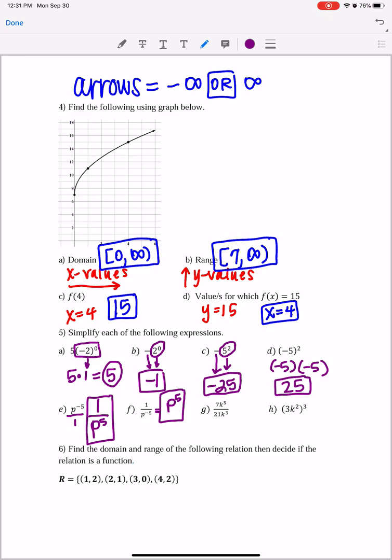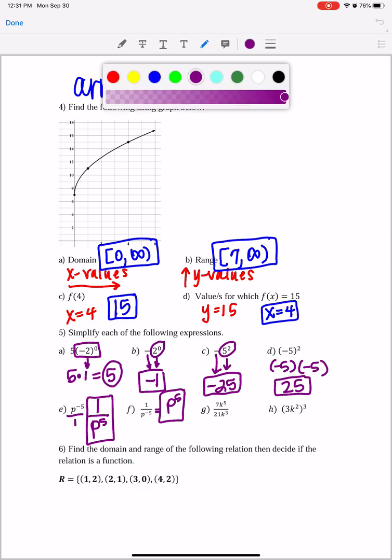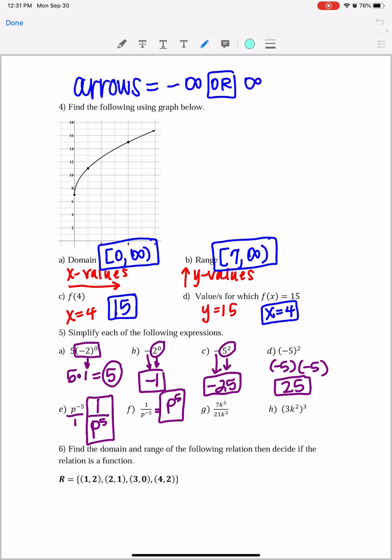On G, simplify your numbers first. So 7 and 21. I can divide both of those by 3. That's not coming out very nicely, is it? So just divide both by 3.